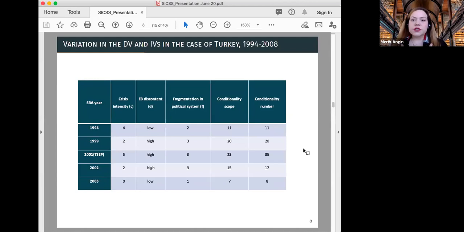The current version of the project is using natural language processing. We are doing a sentiment analysis to measure executive board discontent. And we're doing that for all of the IMF programs implemented since the 1980s.